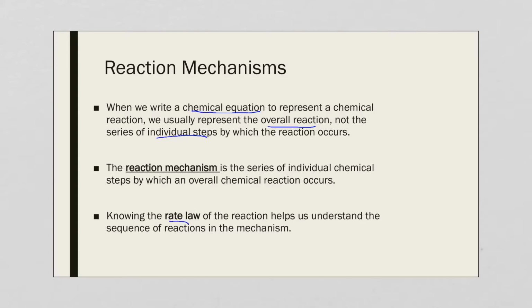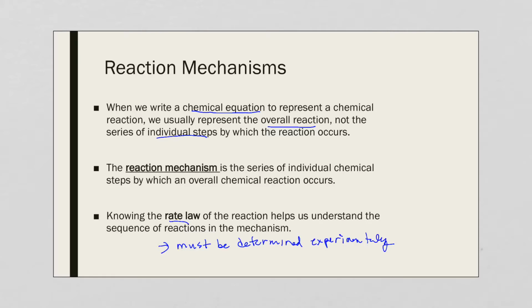The other key that we talked about for the rate law is that it must be determined experimentally. So we can't just look at a reaction and write the rate law. We have to do kinetics experiments.